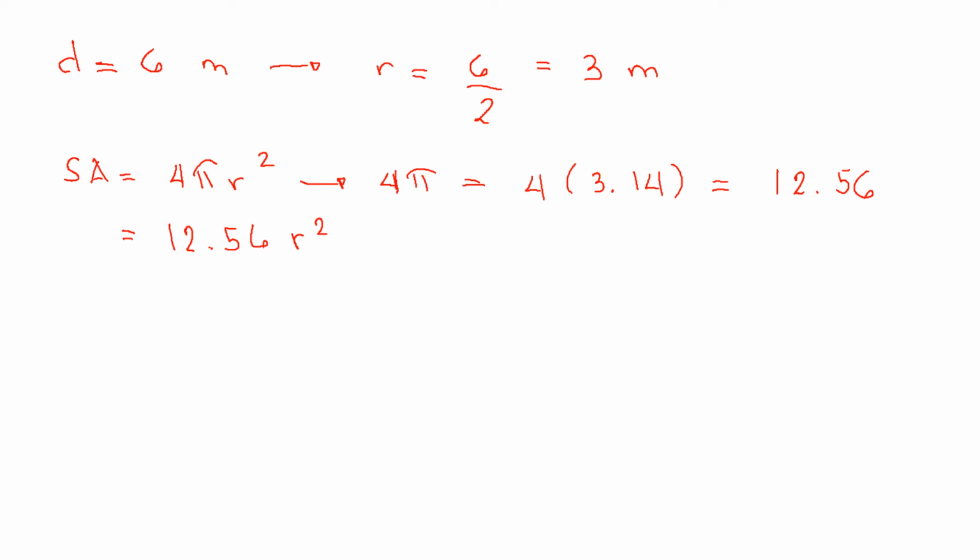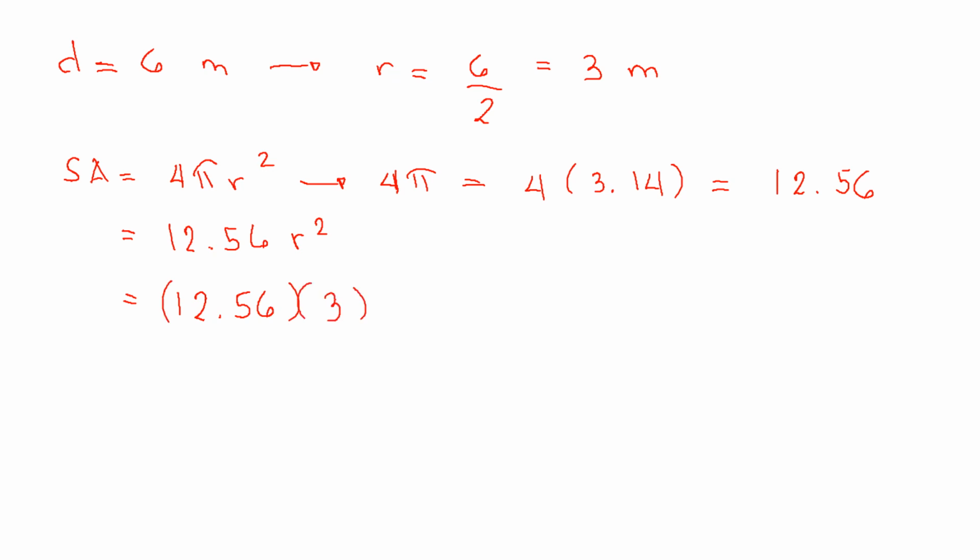Okay? So, eto, kanina, sabi natin, given diameter is 6, then we found out na ang radius ay 3, almost the same with our first example. Diba? So, kung ito ang ating kalalabasan, again, we'll now have 12.56 times what?